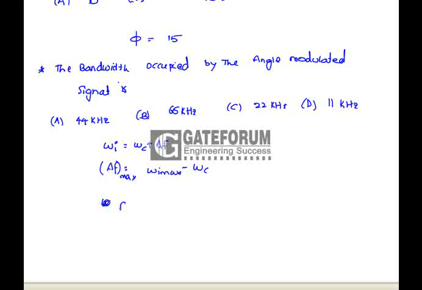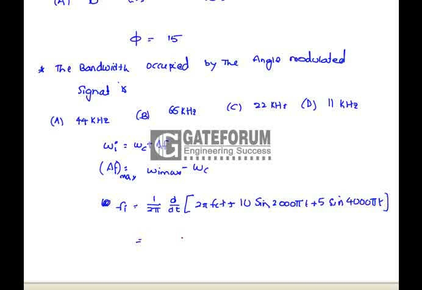Omega i equals 1 by 2 pi d/dt of (2 pi fc t plus 10 sin 2000 pi t plus 5 sin 4000 pi t). Now if we differentiate, we get fc plus 20,000 pi plus 20,000 pi.